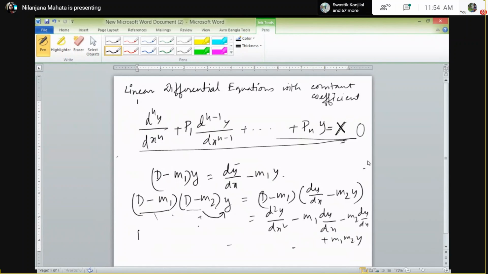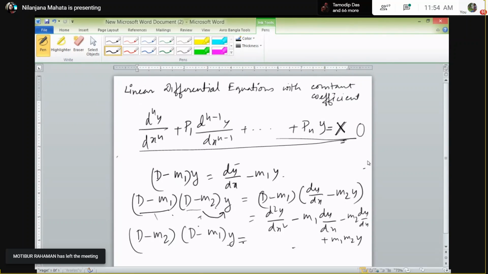Now if we write (D minus m2)(D minus m1) y, we will come to the same result. That means whether we operate this first or this first, the order won't matter in the result.